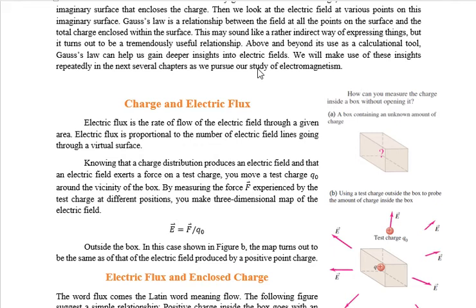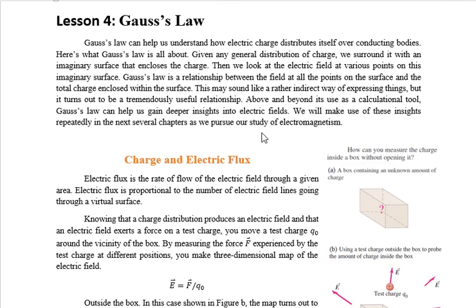Now, if it is positive, the electric field is coming outward from that electric charge, and if it is negative, the electric field is coming inward, towards that charge. So we can use that concept here to find the electric flux of a certain charge if we assume a Gaussian surface that is surrounding that charge.